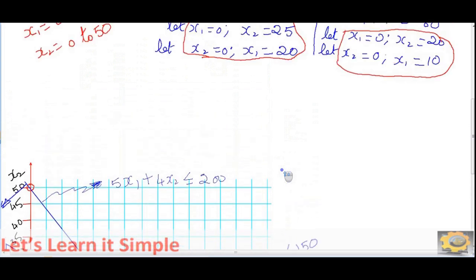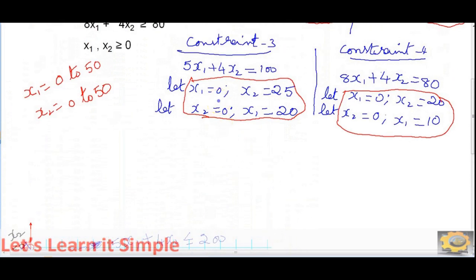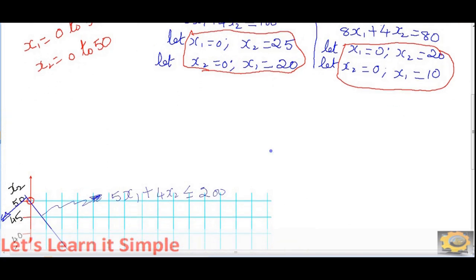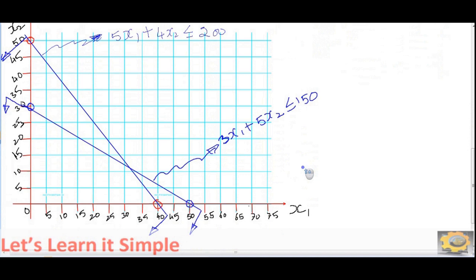Now we have third constraint here, x1 0, x2 25, this one, then x2 0, x1 20, this one. Again, these are the points from third constraint.